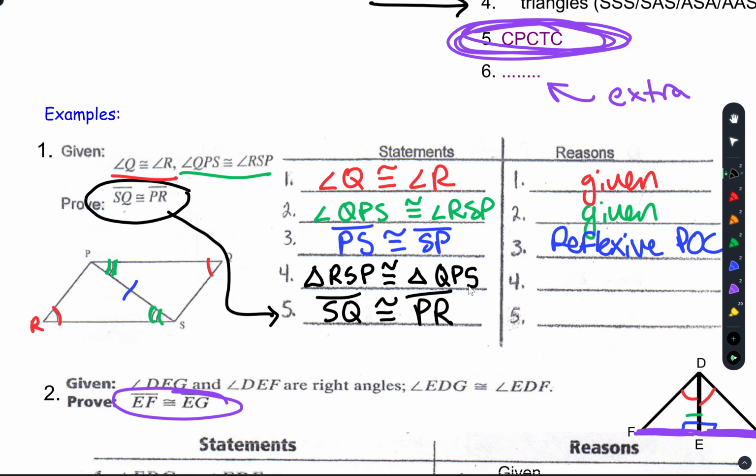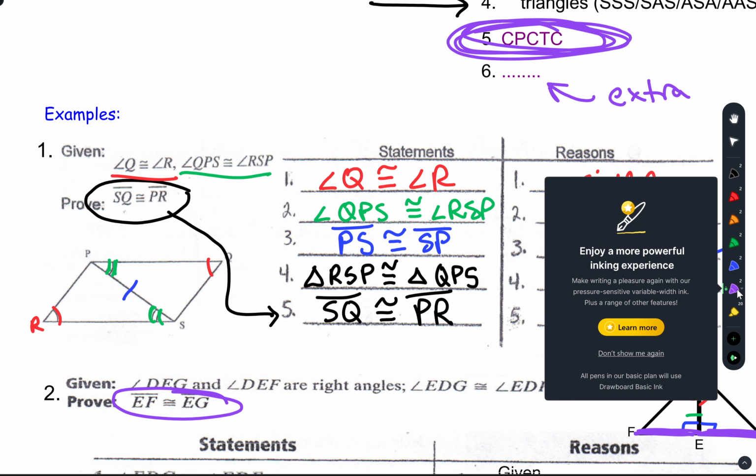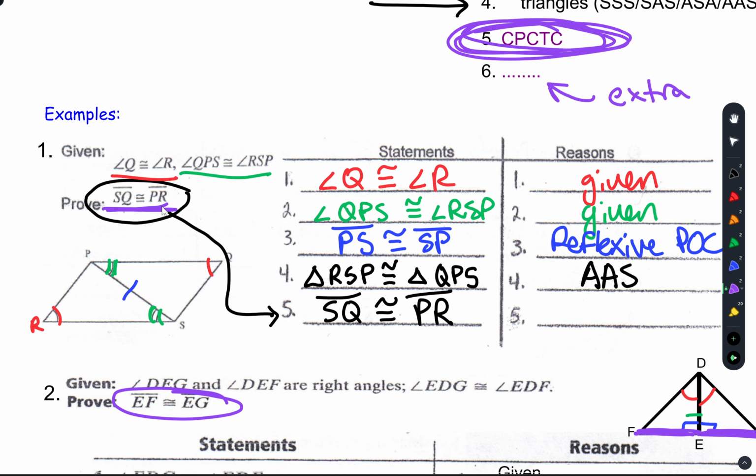Just like I just did with those reflexives, I'm lining up those sides based on how many tick marks each angle has. Why do I know that those 2 triangles are congruent? What's my reason? Caitlin? That one is AAS. And now look at my proof statement. I know those 2 triangles are congruent. I'm trying to prove that SQ, this line right here, and PR are congruent.